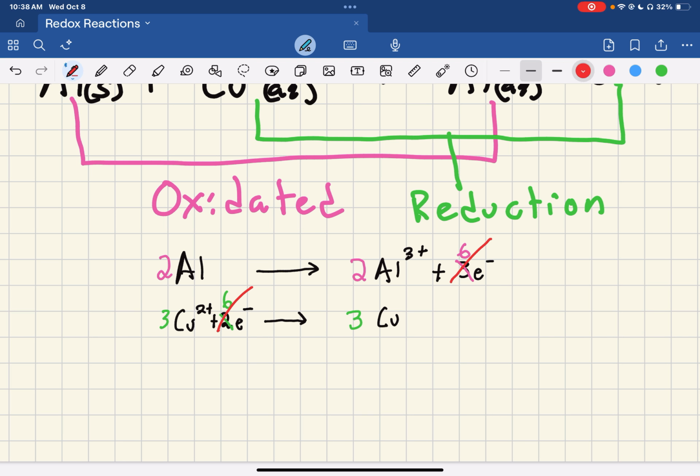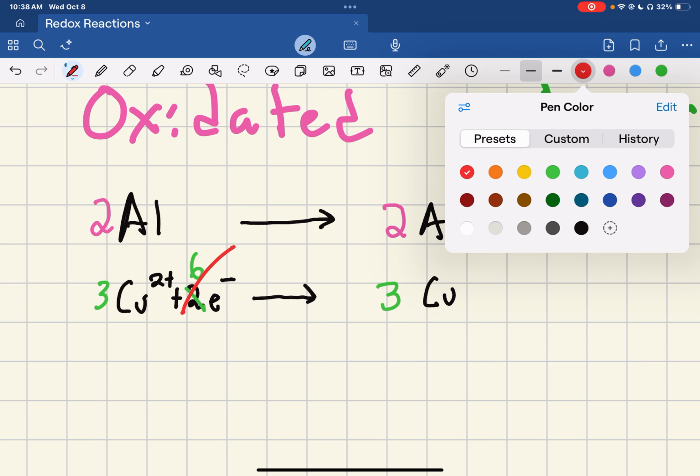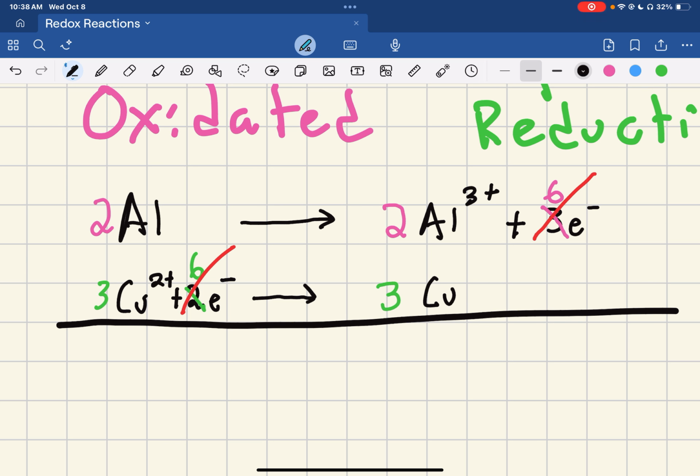So now that I've got that, I'm going to add up both of my half reactions to get one full reaction. So let's add them up, right? We have 2 aluminums plus 3 coppers, copper ions, that is. Cu. There you go. There's nothing else left over.